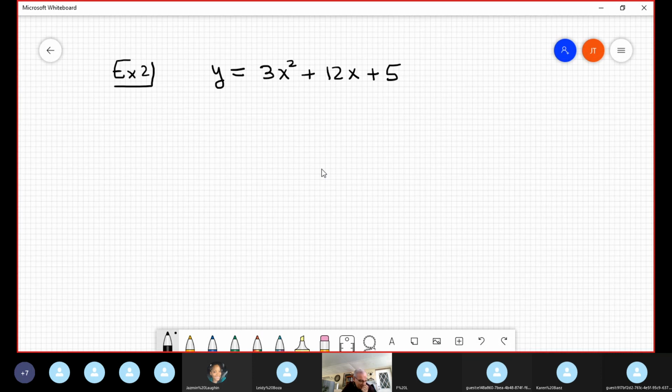In this example 2, this is given in standard form, not in vertex form. I can see that a is 3, b is 12, and c is 5. So, you want to determine the vertex.